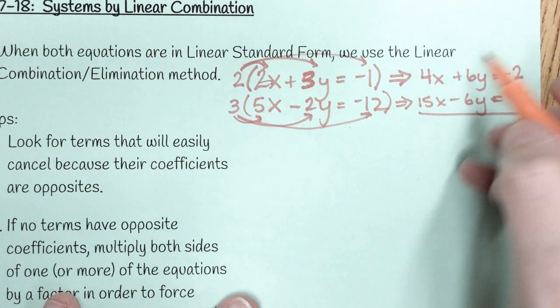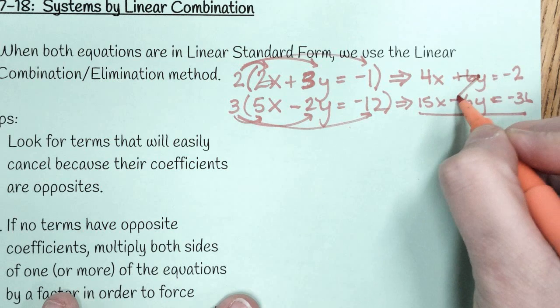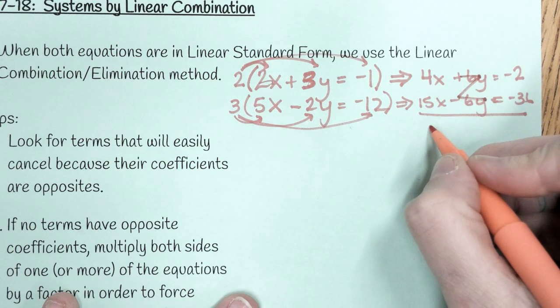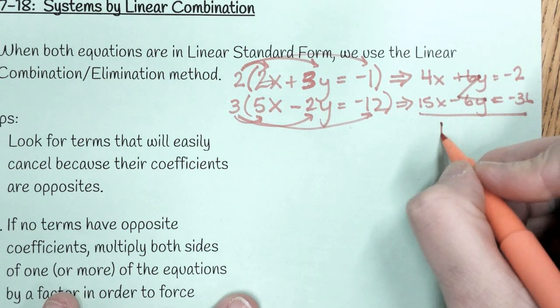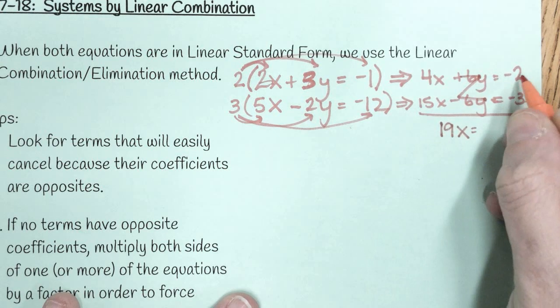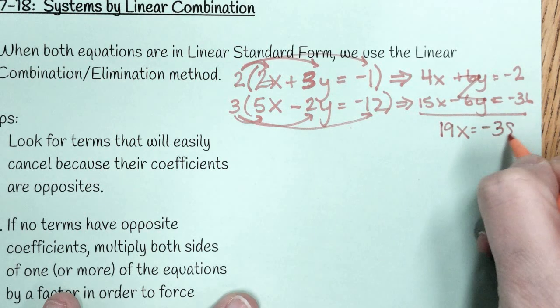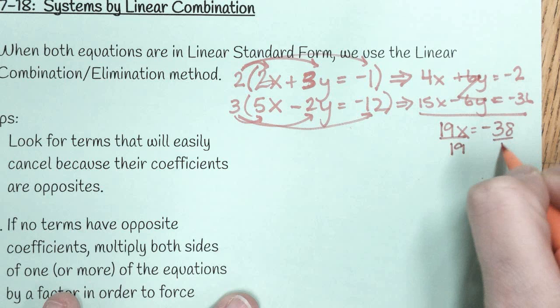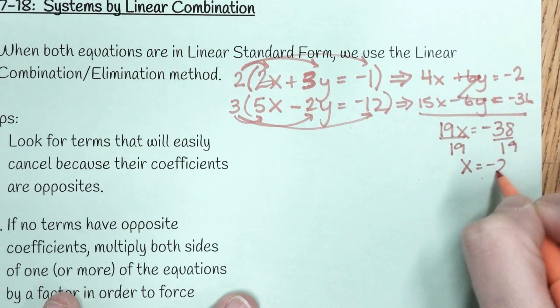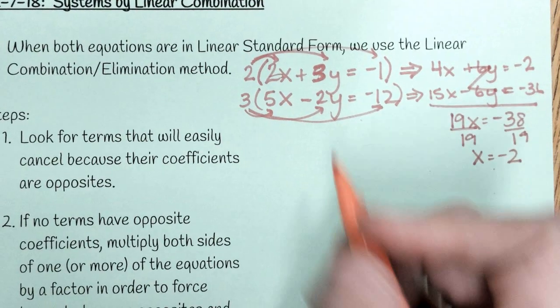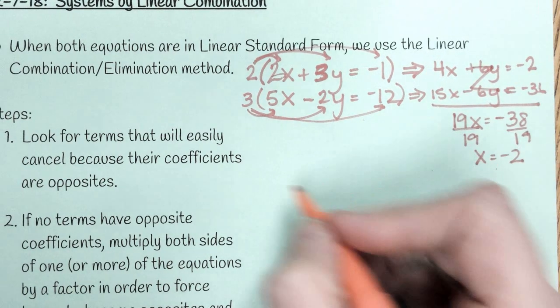All right? So now I'm going to do that same process. My y's zero out. 4 plus 15 is 19x equals negative 2 and negative 36 is negative 38. When I divide both sides by 19, I get x equals negative 2. And then I do the same thing I've always done, which is I plug into the first one and check with the second one.